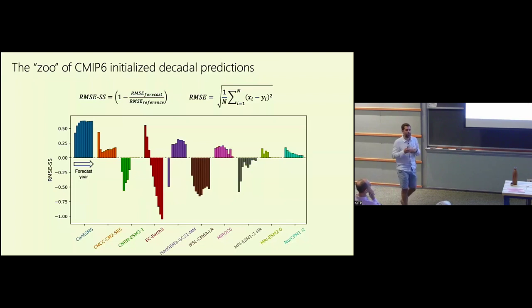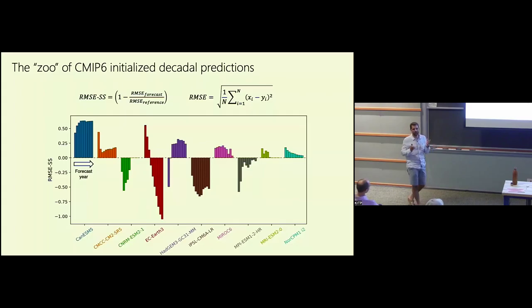And we looked a bit into the data, and the problem is that all these models use different methods of initialization. A few of them do full field initialization, others do anomaly initialization, and then they really tend to overshoot or to go back to their own climatology very quickly.